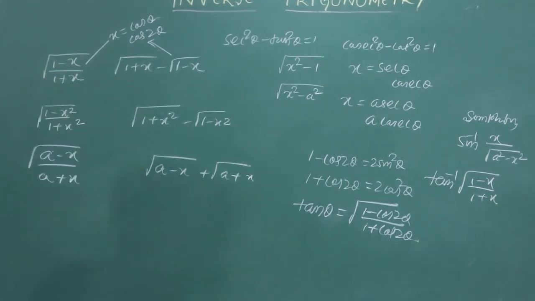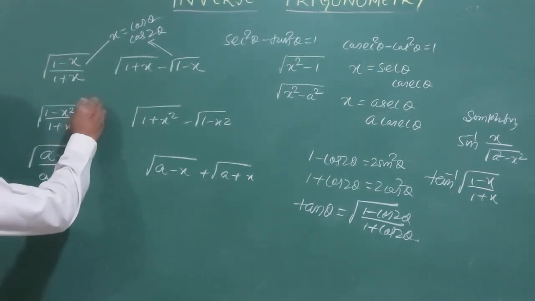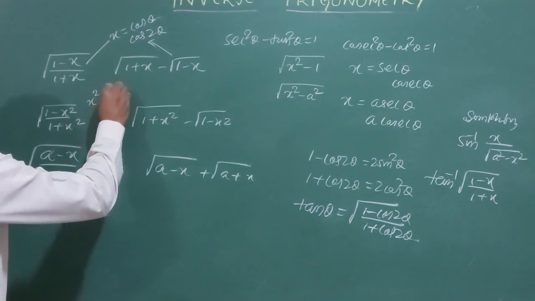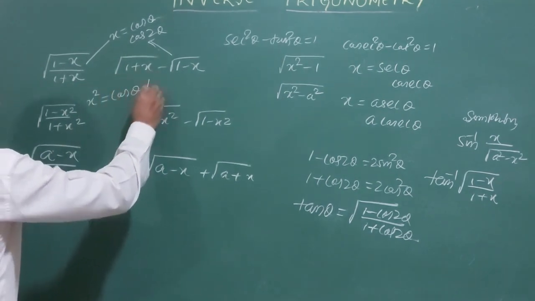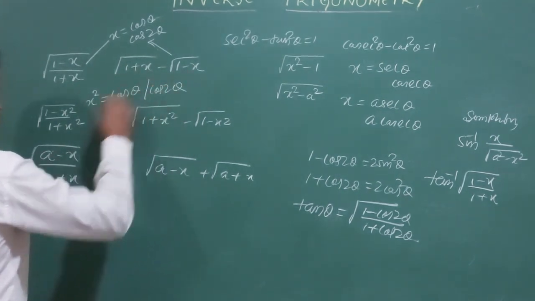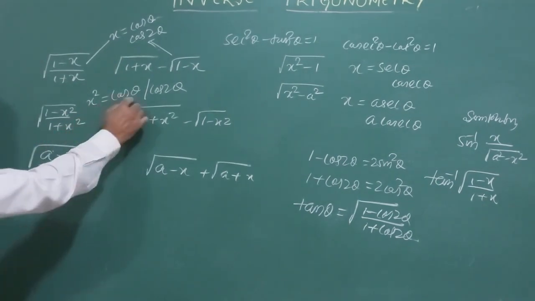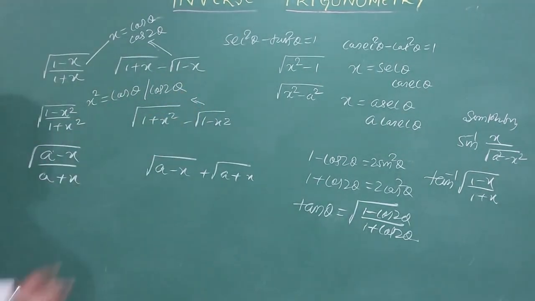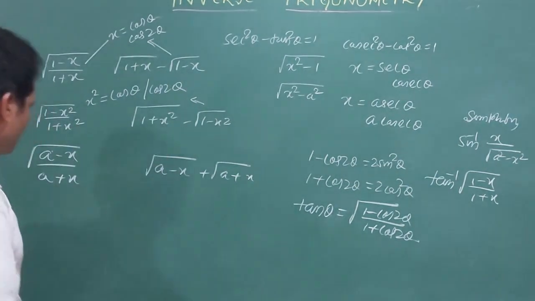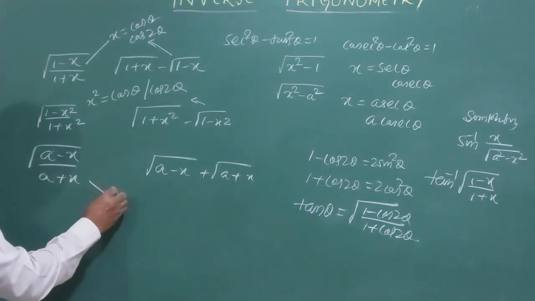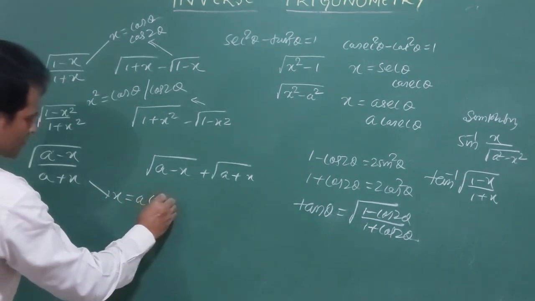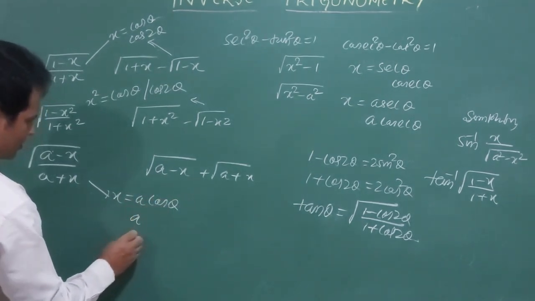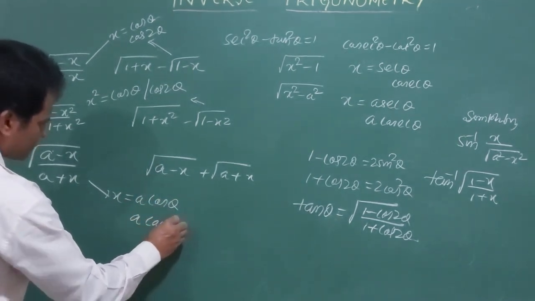Same also here. Here x square is equal to cos theta or cos 2 theta. Same logic here also as well. X square is equal to cos theta or cos 2 theta. What do I do here? X is equal to a cos theta or a cos 2 theta.